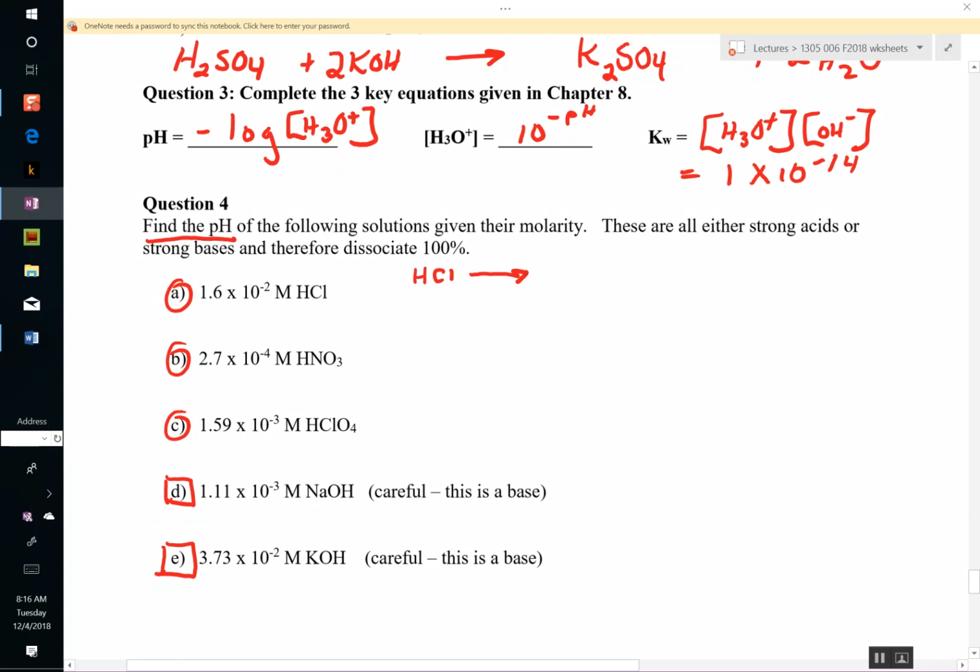When hydrochloric acid dissociates, if it is 1.6 times 10 to the minus 2 molar, it's 1.6 times 10 to the minus 2 moles of HCl per liter of solution.